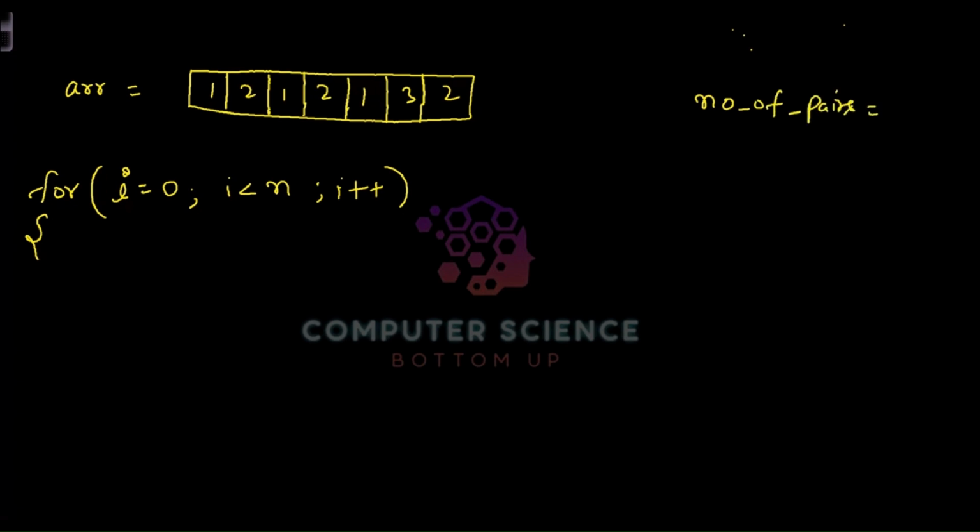While I am iterating through the array, I am trying to find the pair for the current ith value. So when i is equal to 0, what is arr[0]? It is equal to 1. So for every ith value, I am going to iterate over the rest of the array.